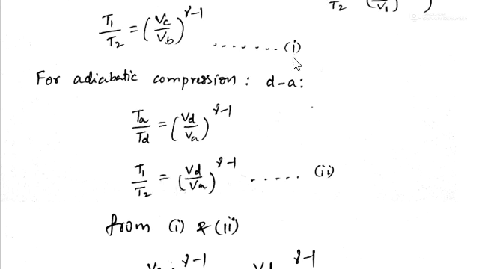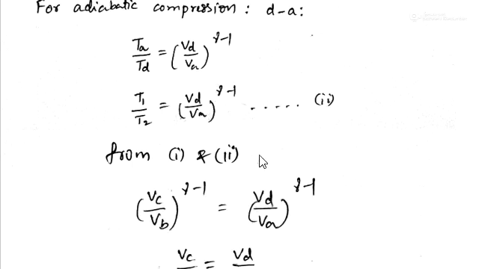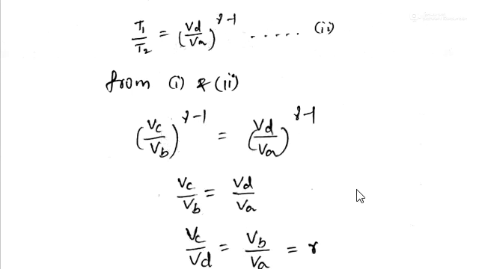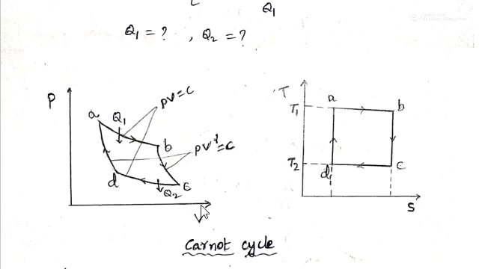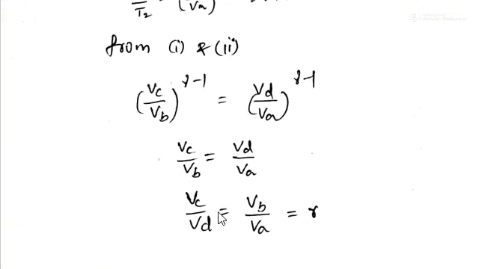If you observe these two equations 1 and 2, the left side is the same, T1 by T2, so the right side will also be the same. I can write (V_C by V_B) whole power gamma minus 1 is equal to (V_D by V_A) whole power gamma minus 1. From that we can write V_C by V_B is equal to V_D by V_A, or V_C by V_D is equal to V_B by V_A. V_C by V_D is the compression ratio and V_B by V_A is the expansion ratio, so these ratios are equal.